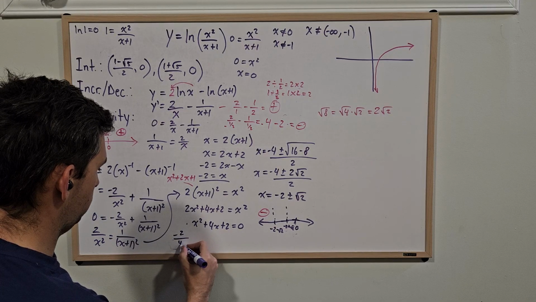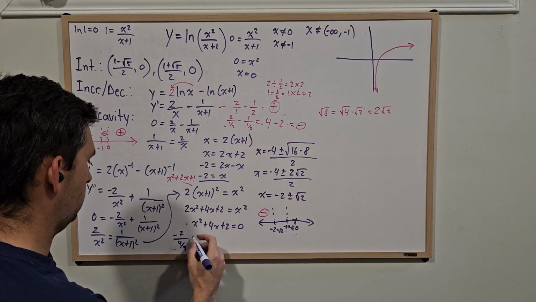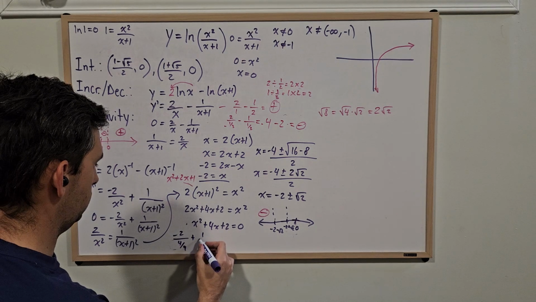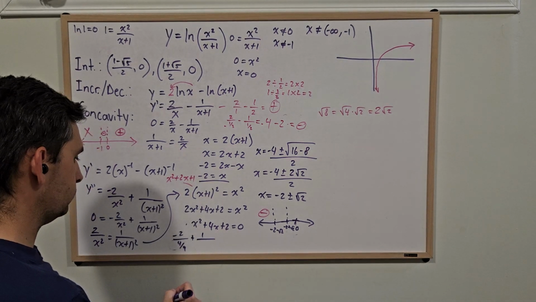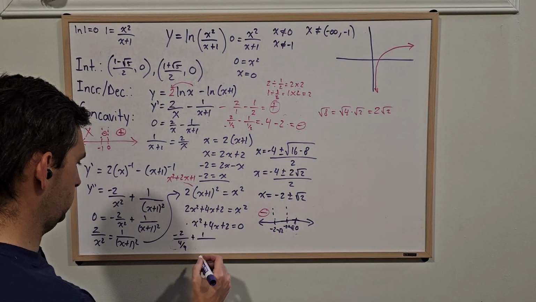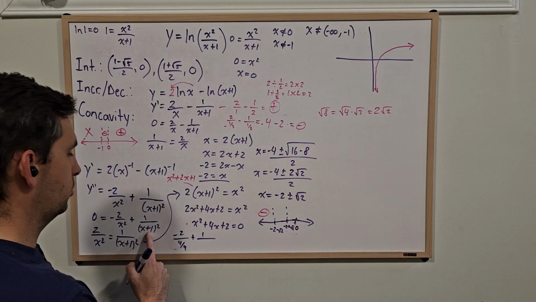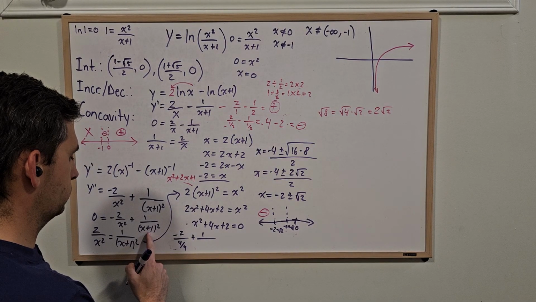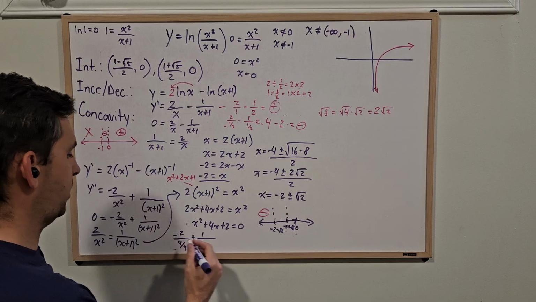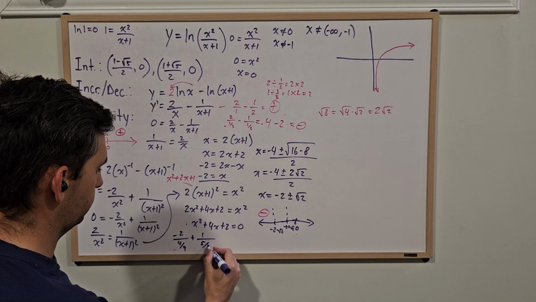So we're going to go 4 over 9, and we're going to go plus 1 over 2 over 3 plus 1, plus 3 over 3, so we're going to have 5 over 3 on the bottom over here.